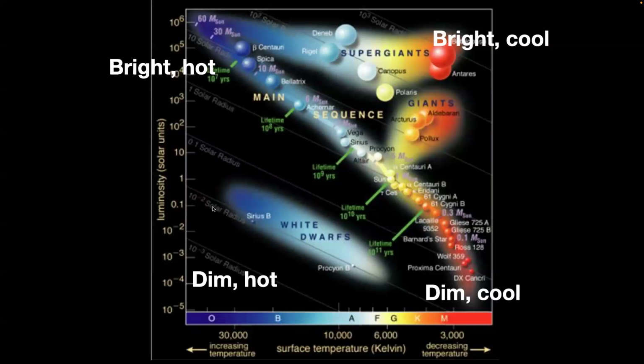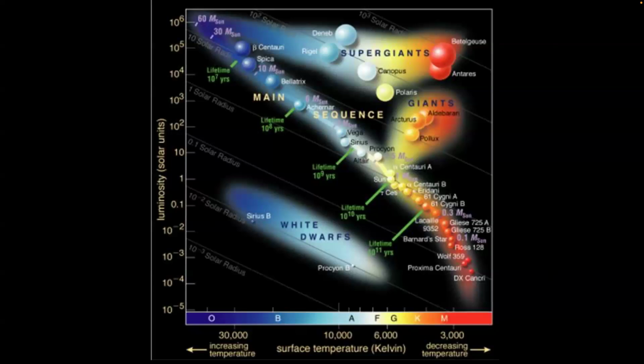So white dwarfs in this dim and hot region, they're very small, something like the size of planets, but still very, very hot from their time as a hydrogen fusing star. So they live down here in the bottom left quadrant.